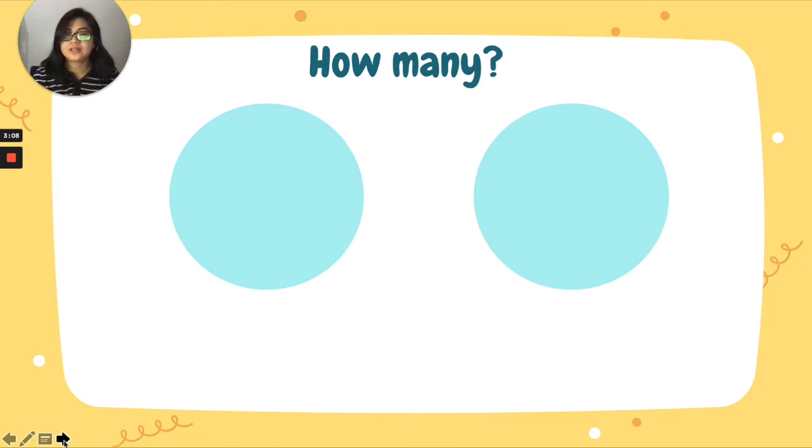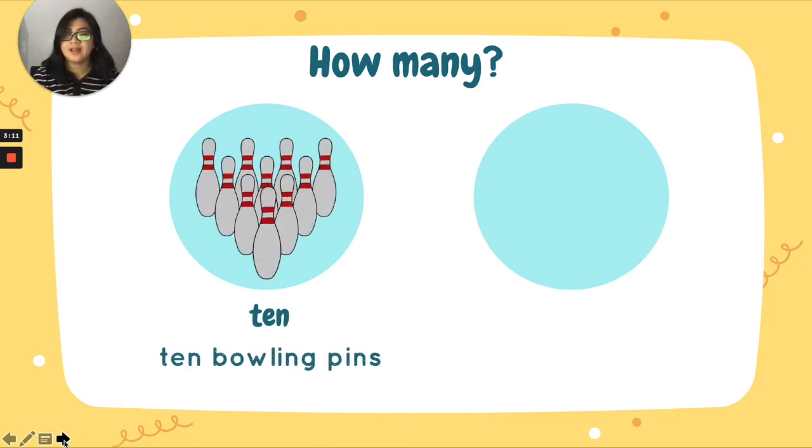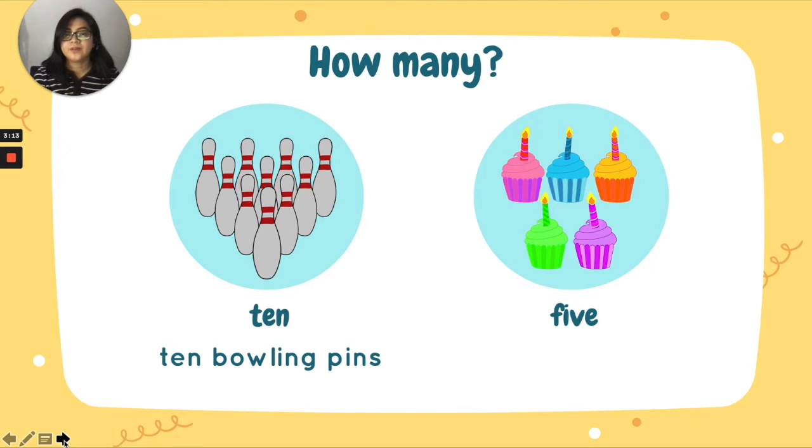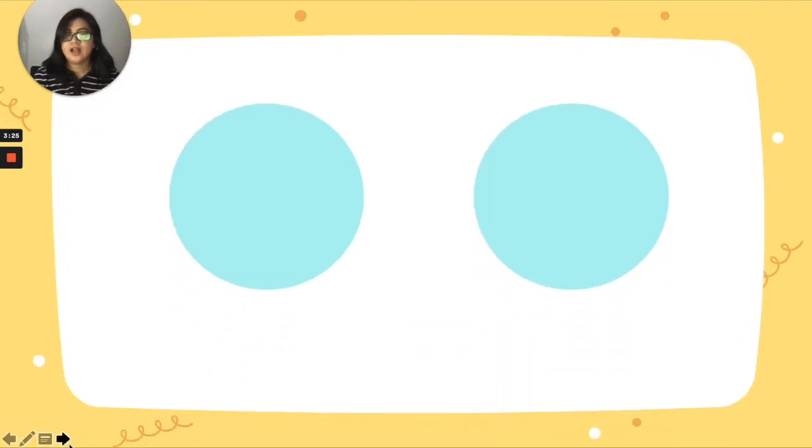For example, you're asked how many, you can say 10 bowling pins. If you're asked how many cupcakes do you see, you can say 5 cupcakes. How many candles do you see? 5 candles. Using adjectives in a sentence gives a better picture to the readers on what you're talking about, because it gives them an idea of what you are seeing instead of just reading the word.